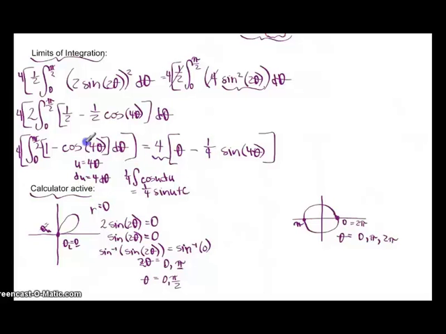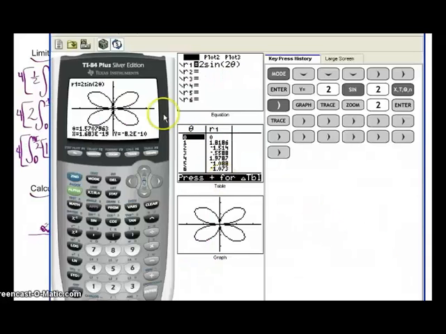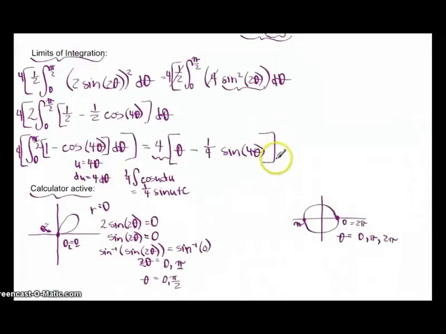And here's the area of the entire region, right? This is just the area from 0 to pi over 2 without the 4 in front, which is just the area of this one leaf, but we need the area of all 4 leaves. So we're going to do this from 0 to pi over 2. So this is 4, and my upper limit is pi over 2 minus 1/4 the sine. 4 times pi over 2 is 2 pi.